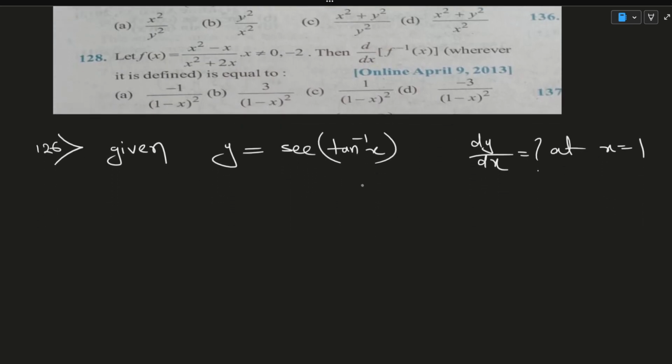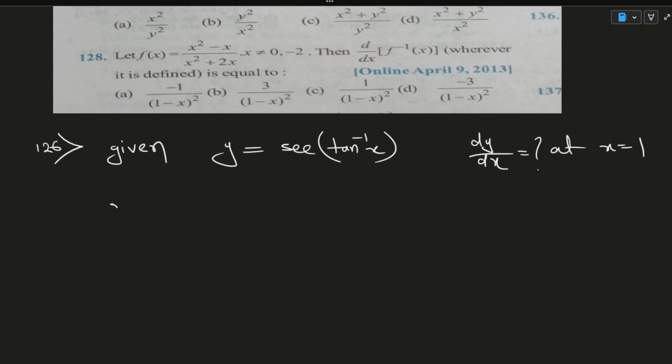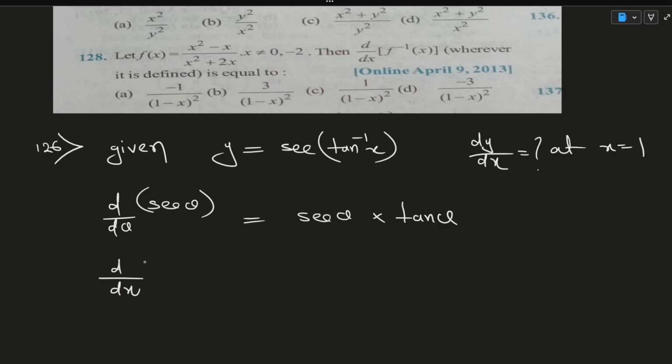Before solving this question, I would like to write d by d theta of sec theta. Then dy by dx will be d by dx of sec tan inverse x.